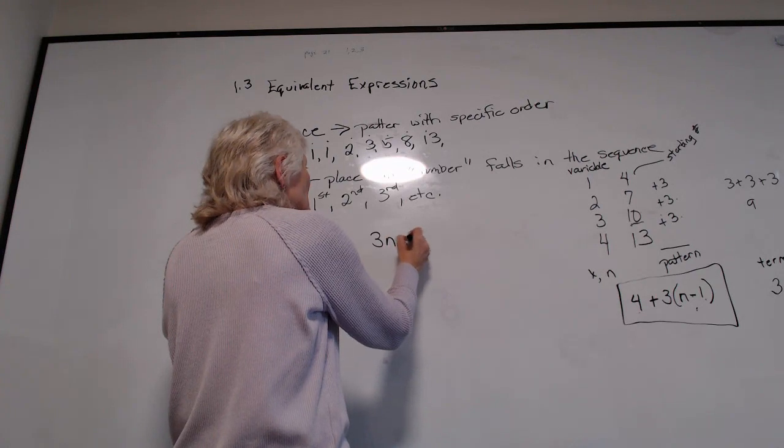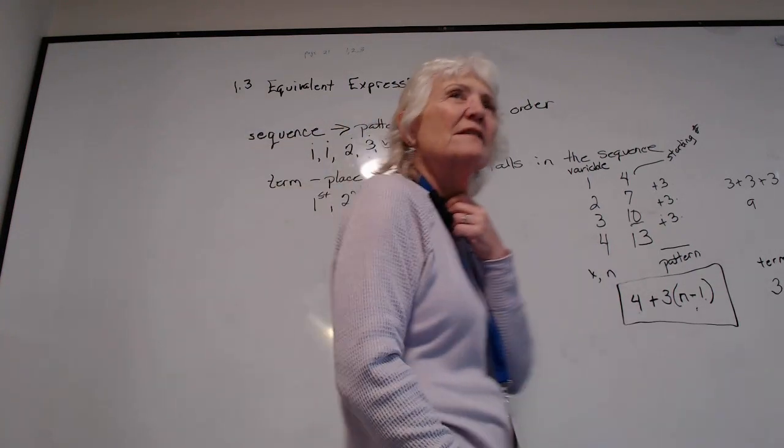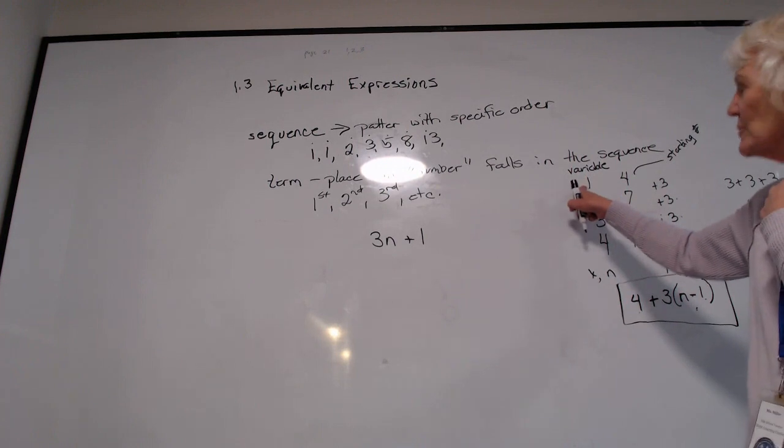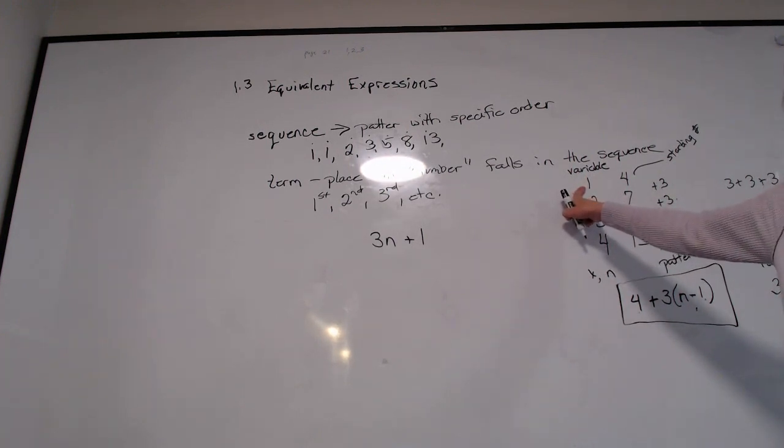Does that work? Oh, it does. Okay, you're right, thank you. So somebody else figured out that the pattern can be described like this: if you take the number of the term, multiply it by 3 and add 1, you'll get the same result.